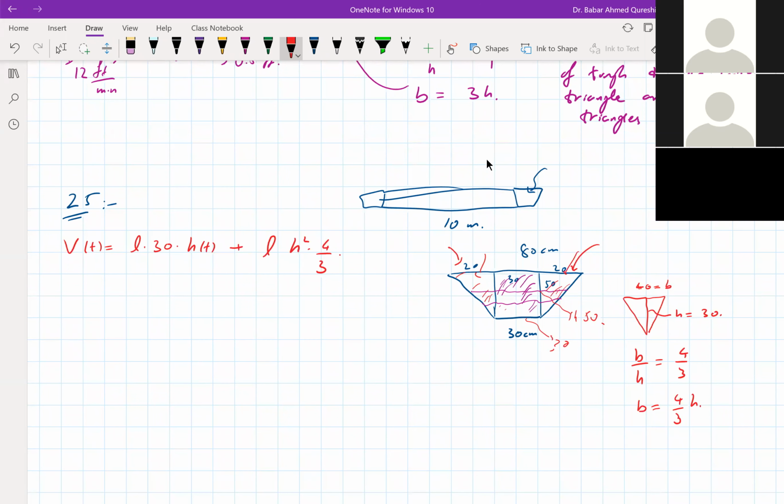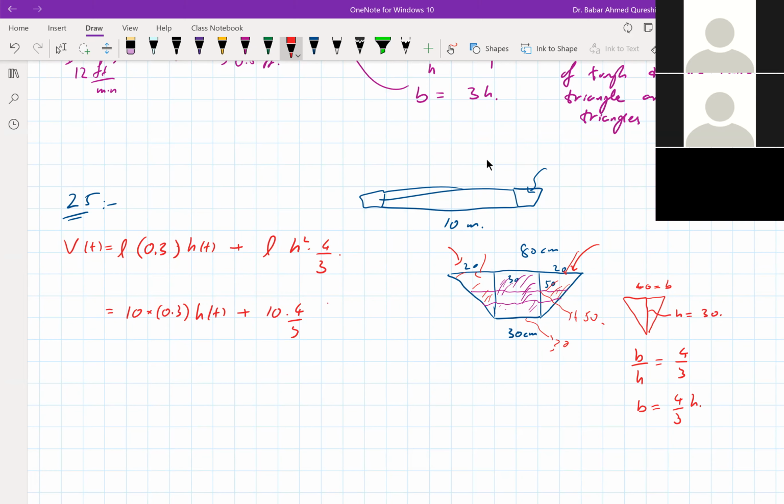Well, this was actually 30 centimeters, so this is like 0.3. So the volume is 10 times 0.3 times h of t plus 10 times 4 over 3 h of t square.